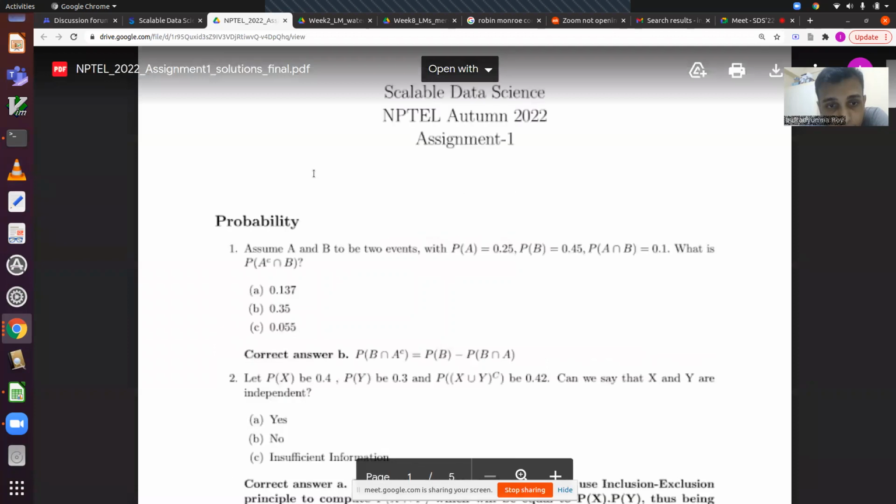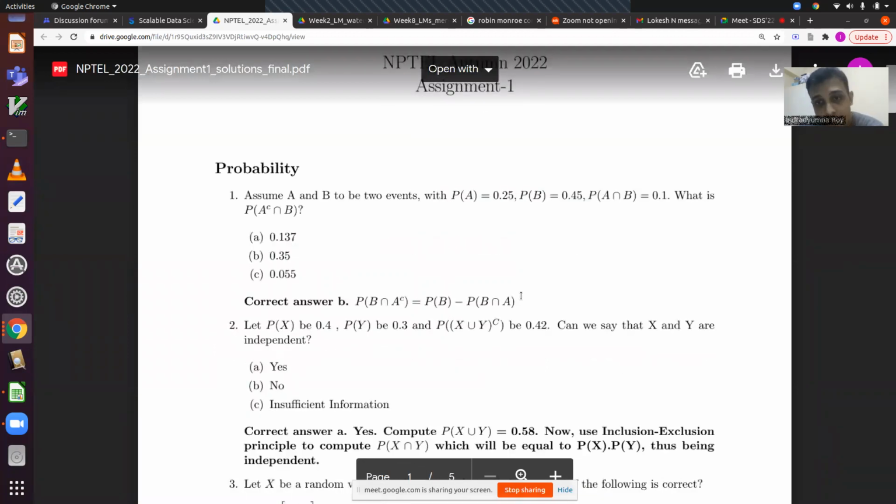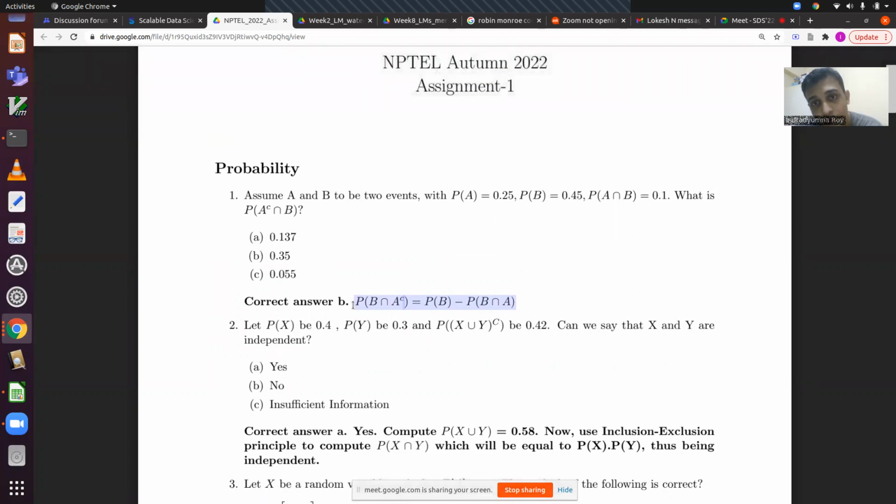Okay, got it. Perfect. So you are asking how this formula came? My suggestion is it's always easy to draw a Venn diagram. Do you know Venn diagrams? I know that very well. Okay, so forget the formula. I always draw a Venn diagram and shade the portions and try to get it from there.